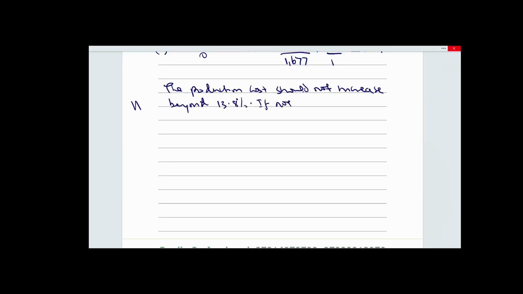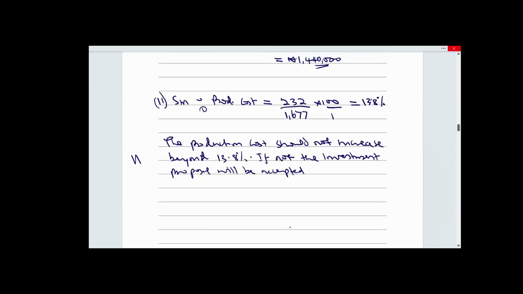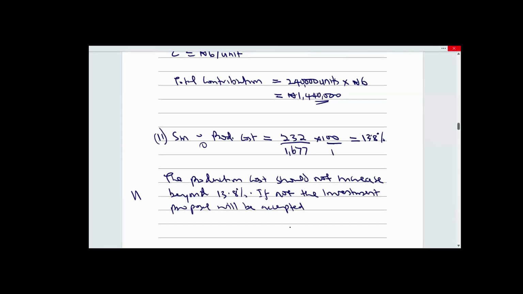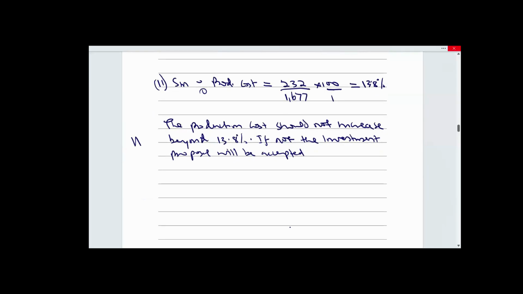If not, the investment proposal will not be accepted. Our calculation shows that the company can still increase production costs of 360,000 naira by 13.8%. Any further increments beyond the 13.8% will make the NPV negative.